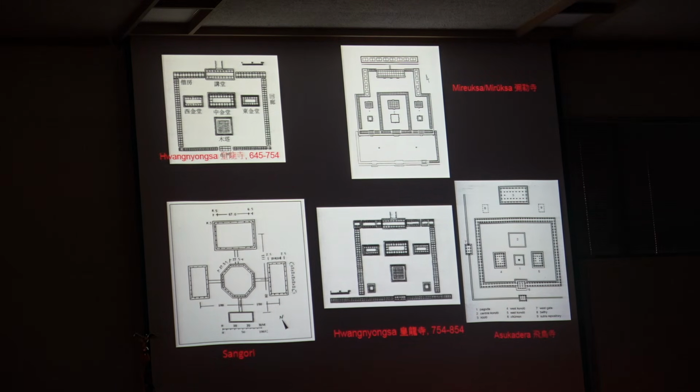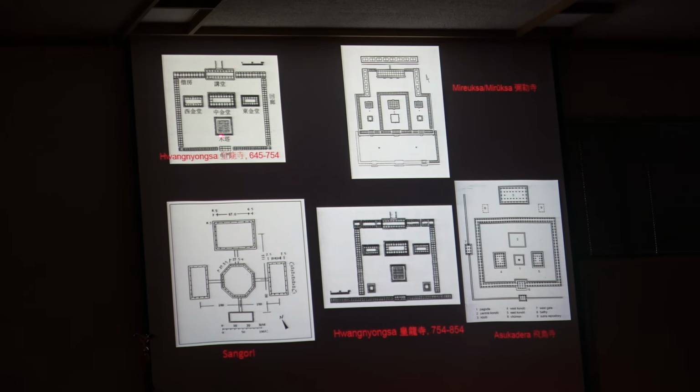So this is what we have just seen, except now I've brought Japan into the mix. The Koguryo plan has an octagonal pagoda and 3 Buddha halls around it, and a gate. The Paekche plan is represented by what you see here, 3 parallel examples, or this represents the pagoda with 3 Buddha halls.